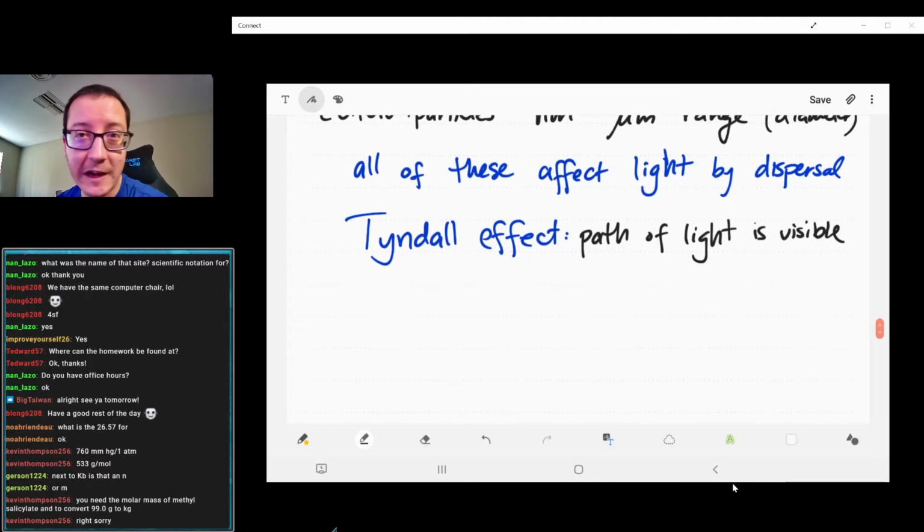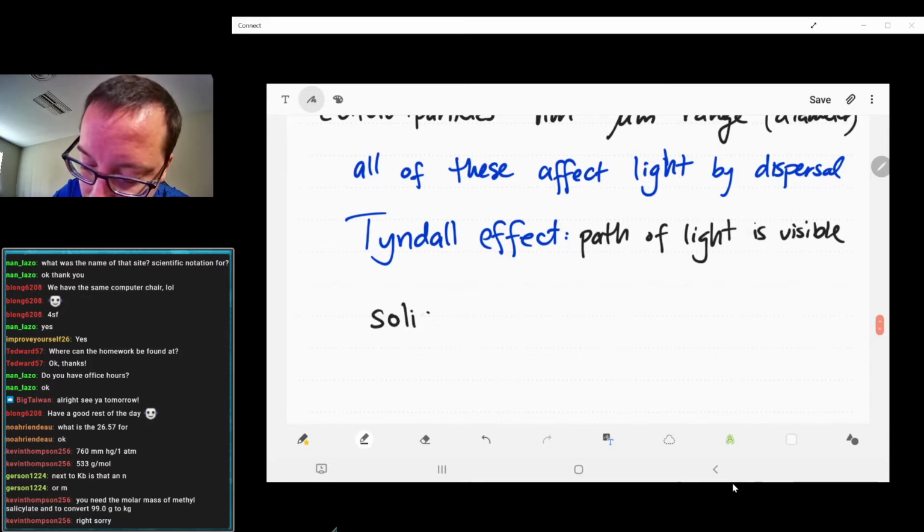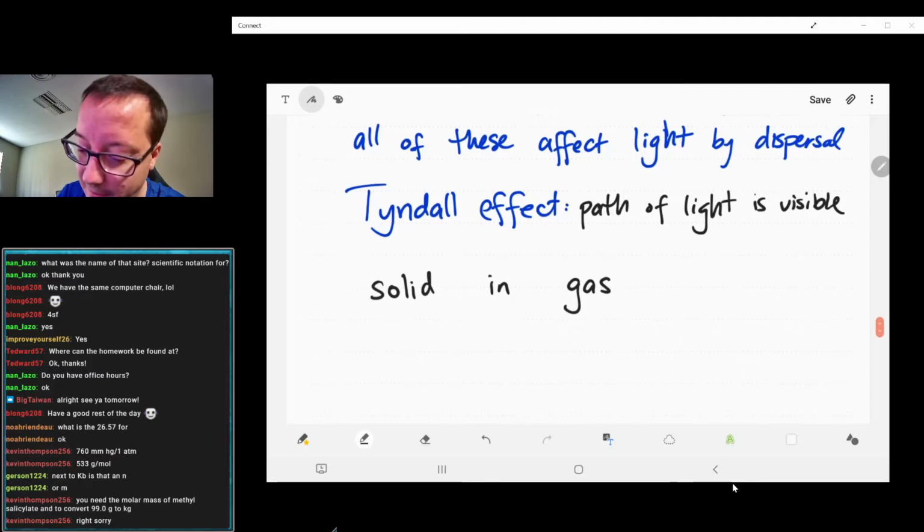Colloids come in all kinds of shapes, and I don't want to say shapes because they're all solutions. They don't really have shapes, but all sorts of different flavors, right? So, for example, a colloid that has a solid in a gas. By the way, instead of calling them solute and solvent, we call this a dispersal medium.